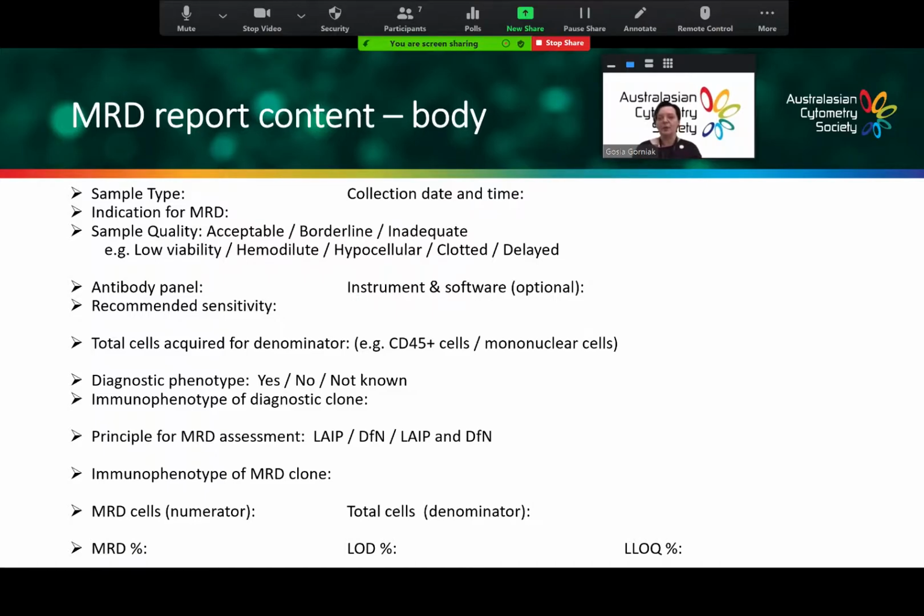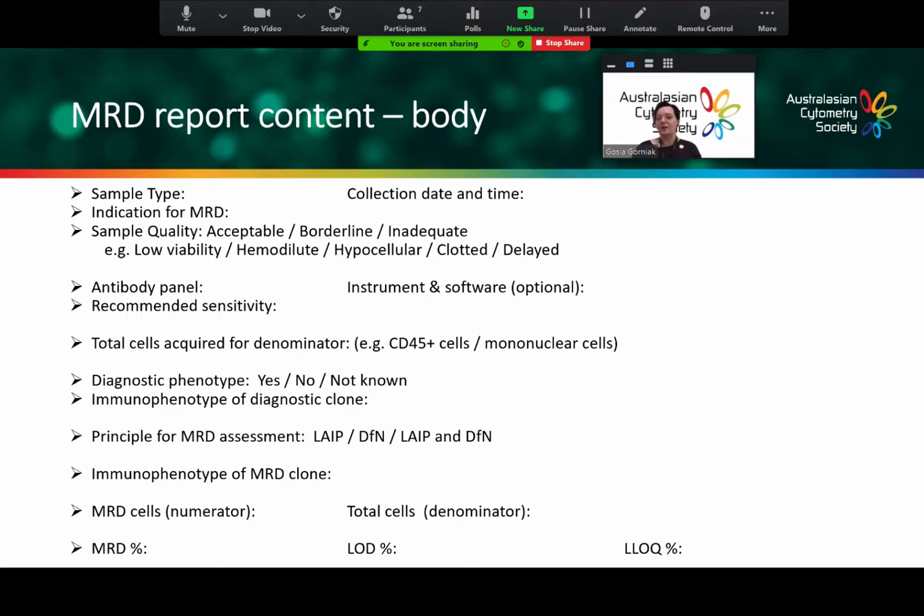The antibody panel should be listed. One might also include instrument and software, which is optional, but we need to report the recommended sensitivity for the test, and that's very important to actually show what the sensitivity of the test is.